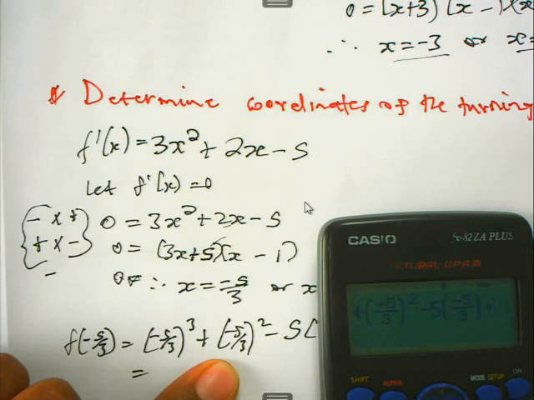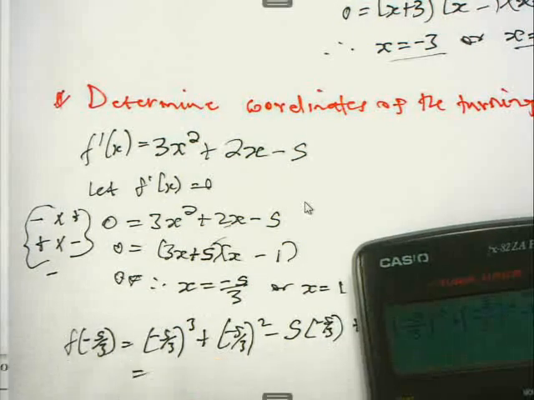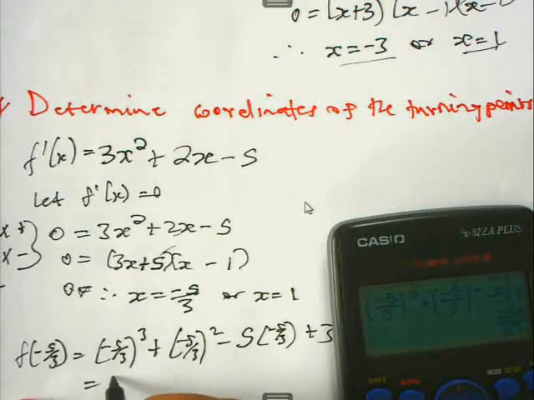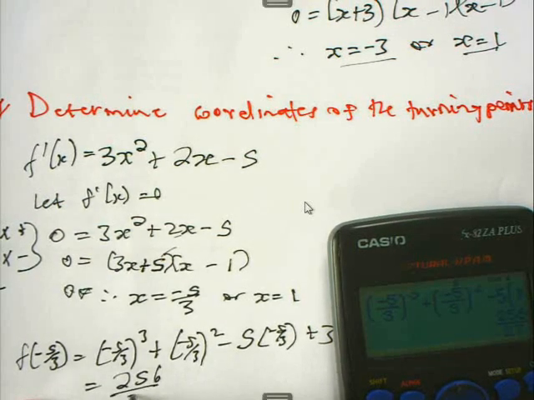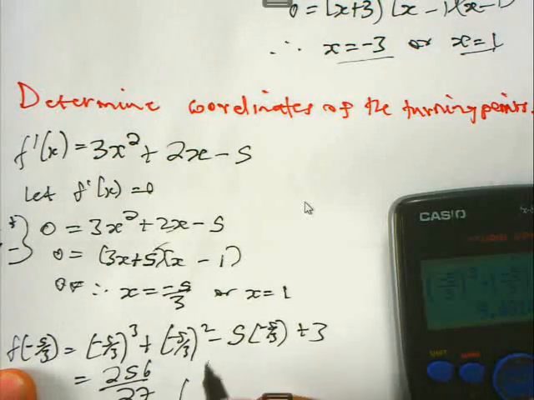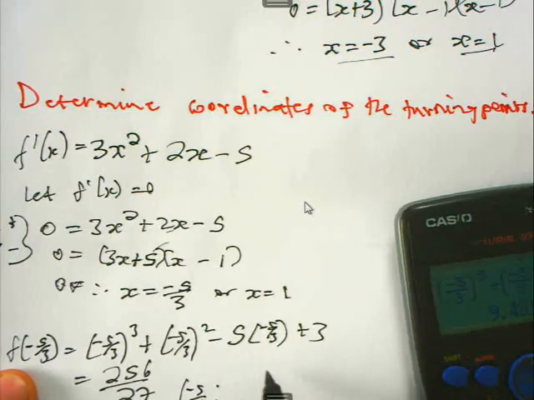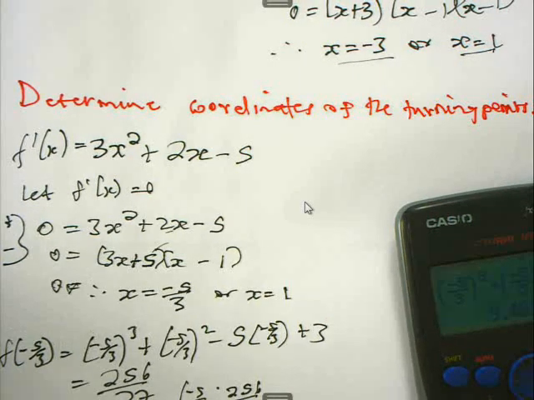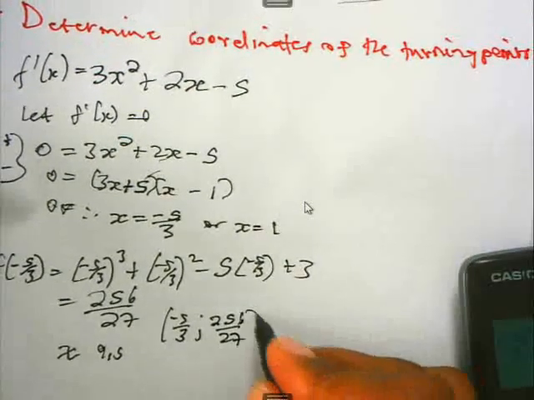Then we have 256 divided by 27. When you write this in decimal form, then we are going to have 9,5. Good. Now in coordinate form, because they said you must determine the coordinates, x is minus 5 divided by 3, and y will be 256 divided by 27. These are the first one.